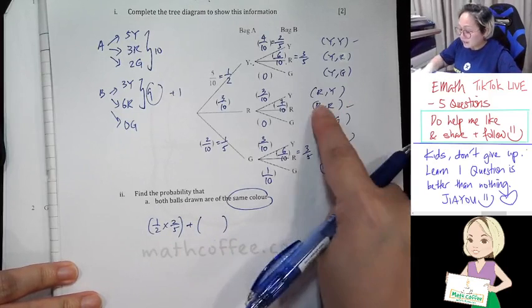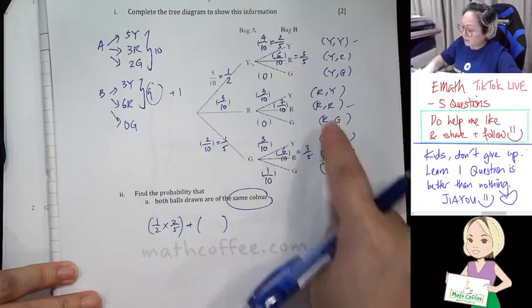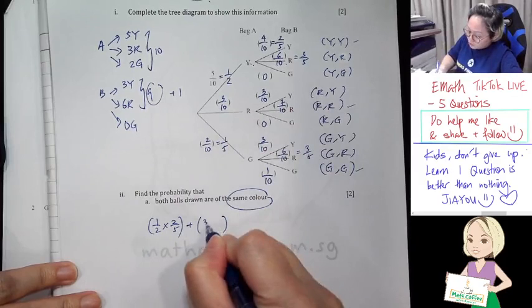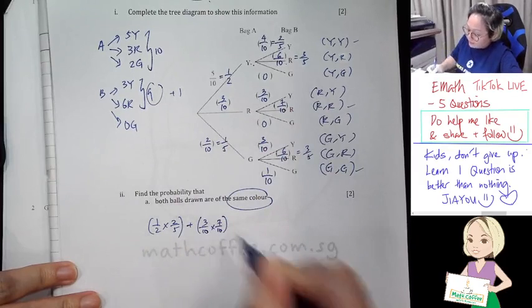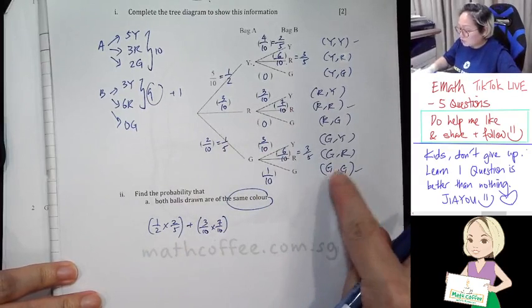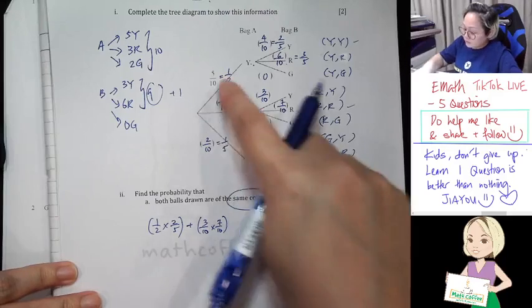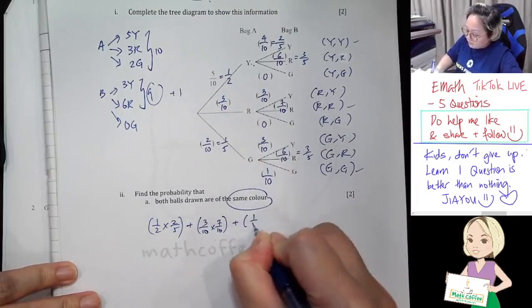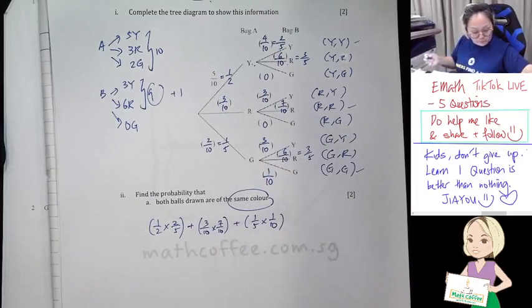So now it's red, red. Red, red happens together. That's why we multiply. So in order to get red, red, you get 3/10 multiplied by 7/10. Then another event will be the same color as green, green. Correct? So green, green means that it will be 1/5 multiplied by 1/10. So it's plus 1/5 multiplied by 1/10.